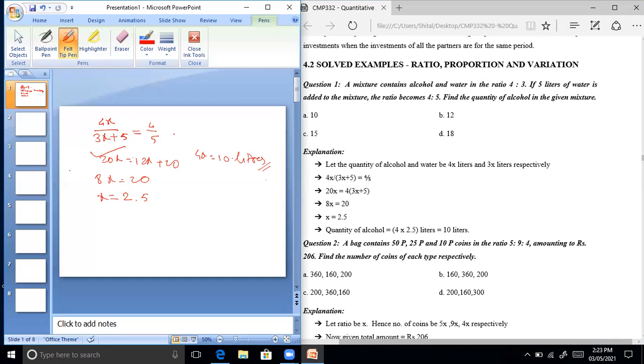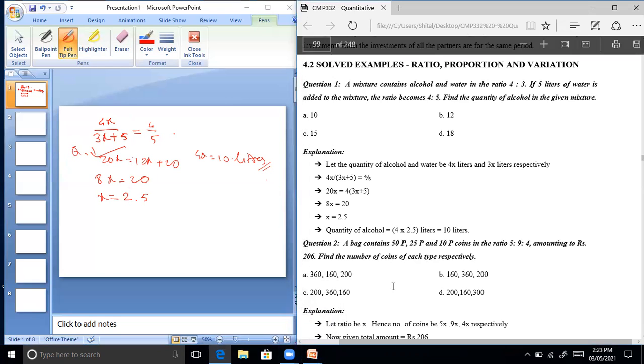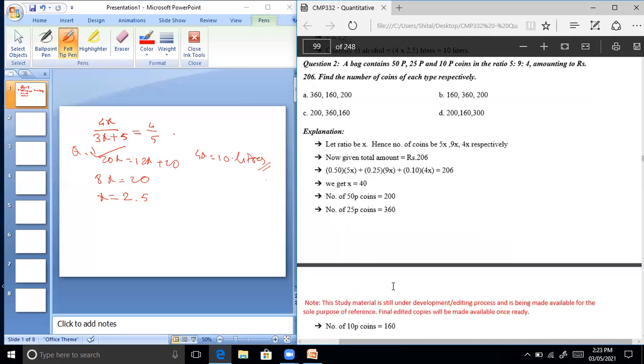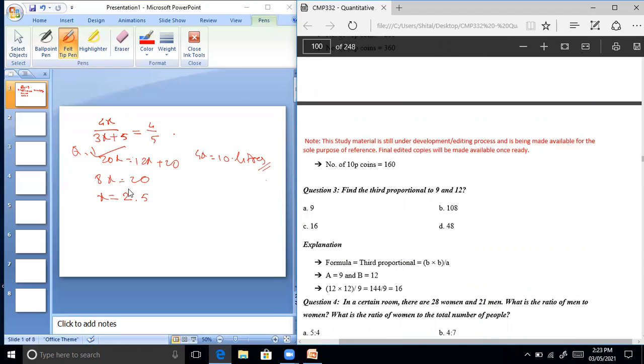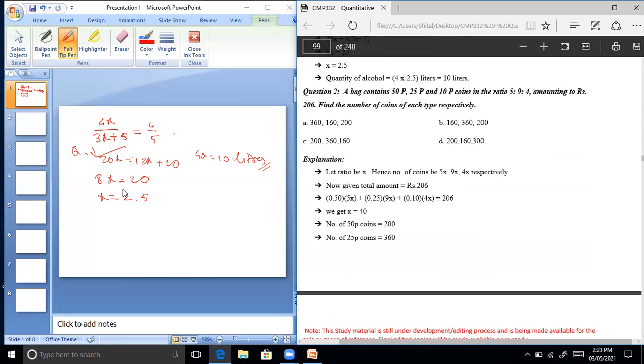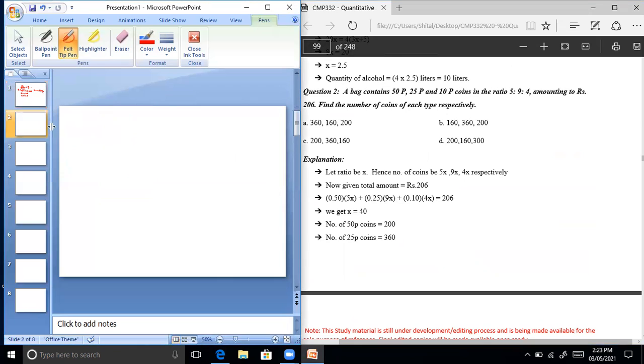Now we will see the next question. A bag contains 50 paise, 25 paise and 10 paise coins in the ratio 5:9:4, amounting to rupees 206. Find the number of coins of each type respectively.